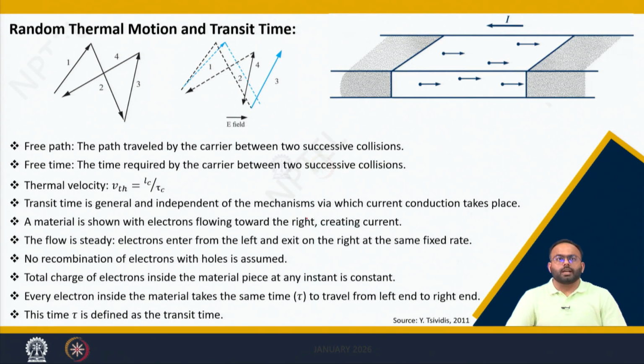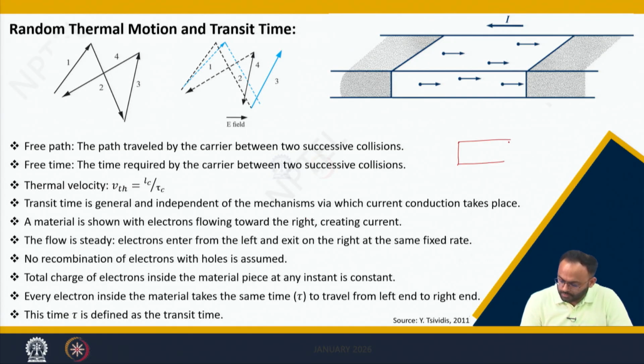Let's start by understanding drift first. Before that, how does the charge carrier move in the semiconductor? If you have a semiconductor specimen, then a charged particle is moving randomly. It can move to this side, you cannot predict its motion. So the charged particle is doing a random thermal motion. Definitely this charged particle will interact or scatter with something.